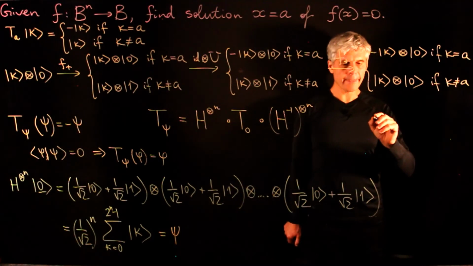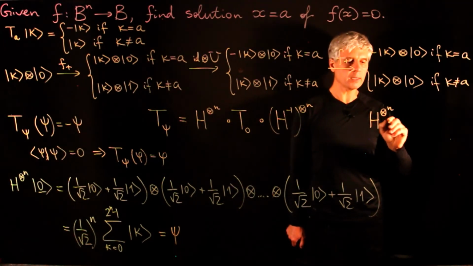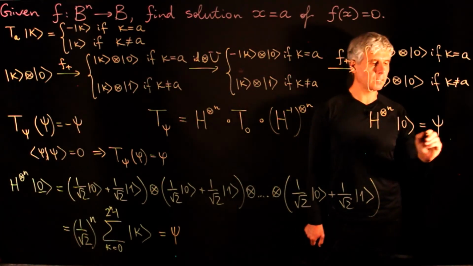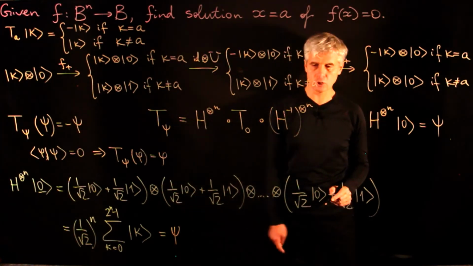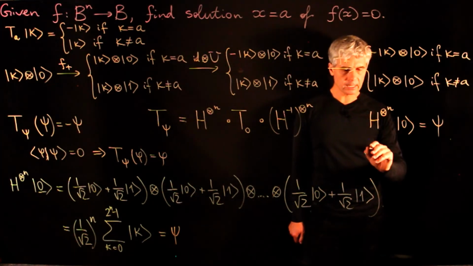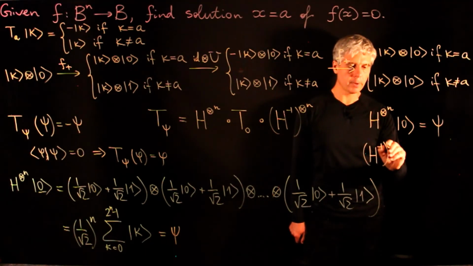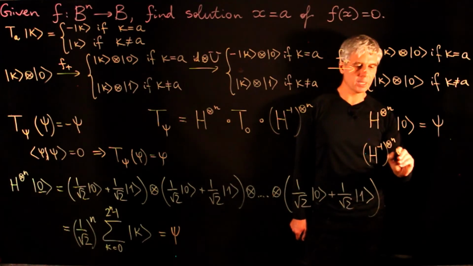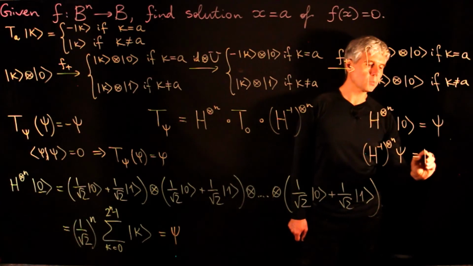So we know that if we take nth tensor power of Hadamard and apply it to a zero vector, then the result is the input state psi, right? So this is this computation here. So this means that if we take the tensor power of the inverse of Hadamard and apply it to psi, because this is the inverse transformation, the result will be 0.